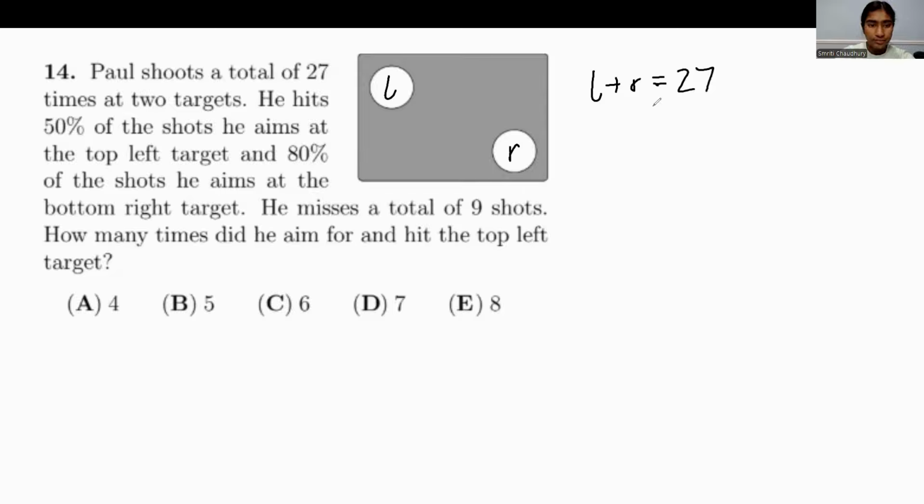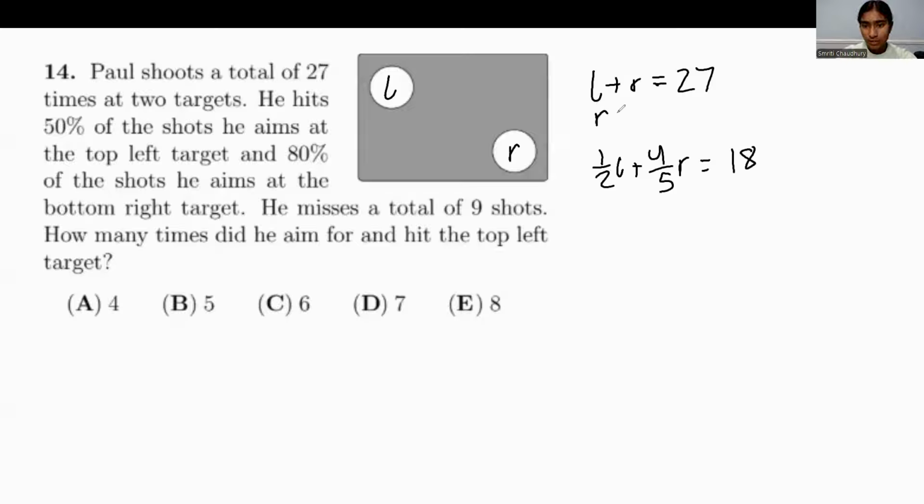And now 50% of the shots he aims at the top left, so half L, and 80% for the right, so 4/5 R, equals the number of shots he made. And since he only missed 9 and he took 27 shots, that means that 27 minus 9, 18, he made 18 shots. So now that we've got two equations, let's solve for our two variables.